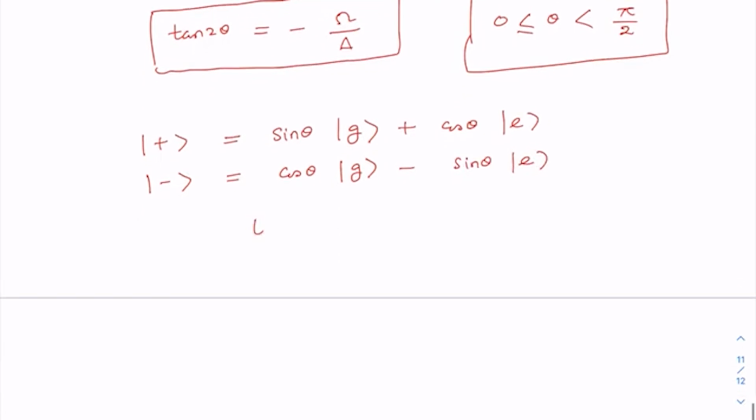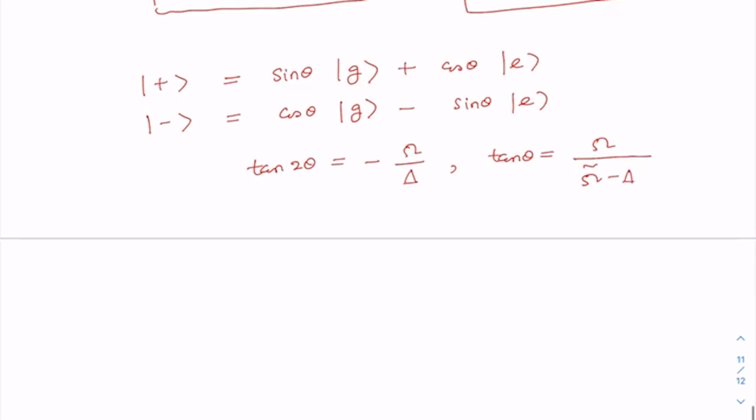These plus and minus states are the dressed states. Also we have tan 2 theta, which we already know is minus omega by delta, or tan theta is equal to omega by omega tilde minus delta. Either of these expressions is going to be useful when I'm analyzing it.